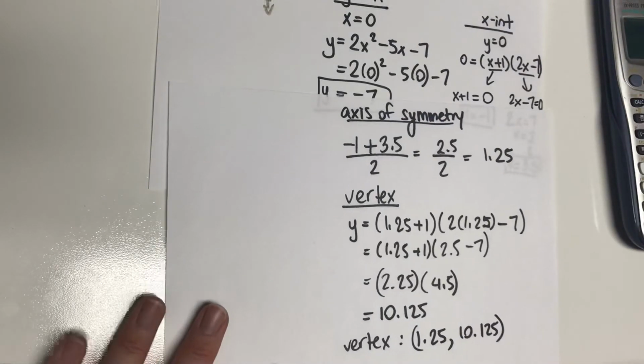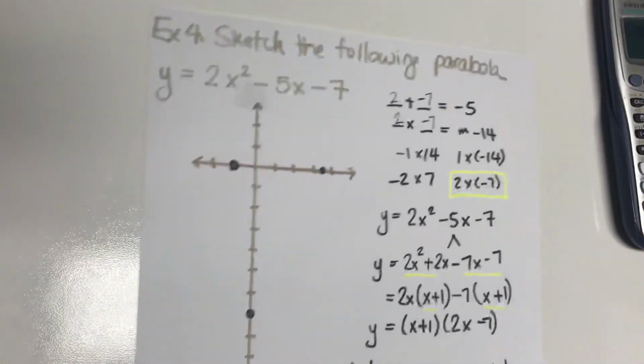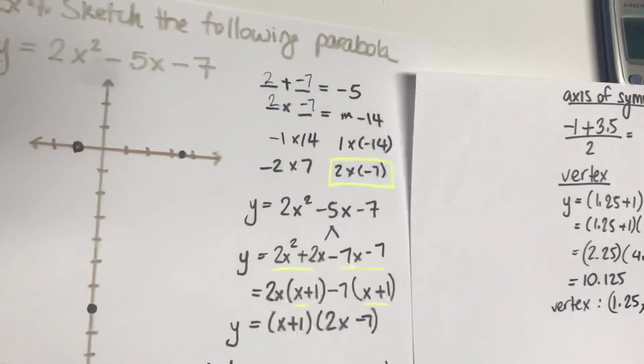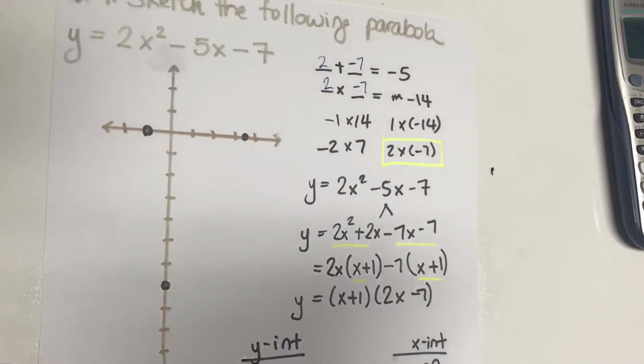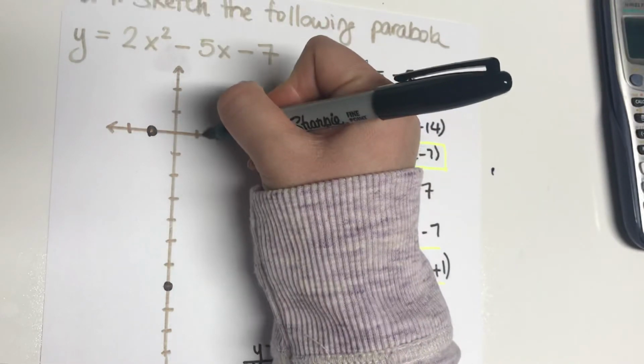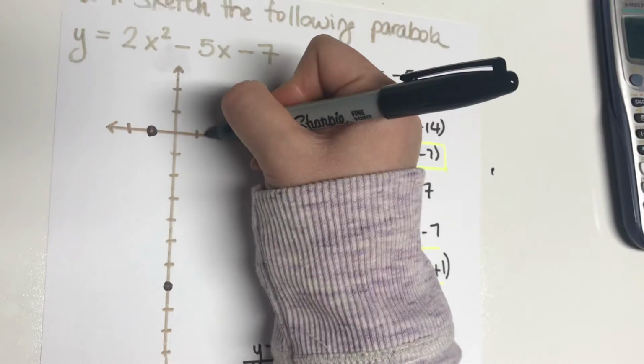Okay, so this is my vertex that I'm going to plot, and this is my axis of symmetry. Actually, I'll just put it here. So 1.25 is somewhere over here, and this is 7, 8, 9, 10.